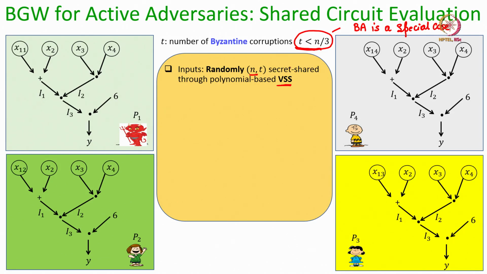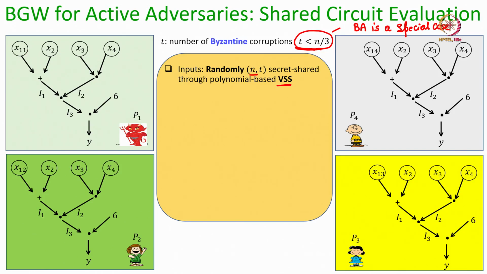At the end of the sharing phase protocol every party will have a share of the value x1, and it will be verified during the sharing phase that indeed party P1 has secret shared some x1 using a t degree polynomial. That verifiability comes because of the strong commitment and the correctness property of the verifiable secret sharing scheme.